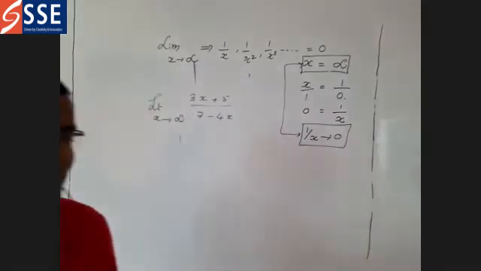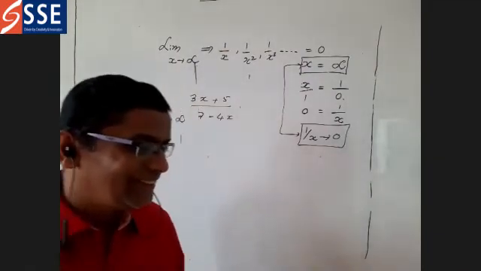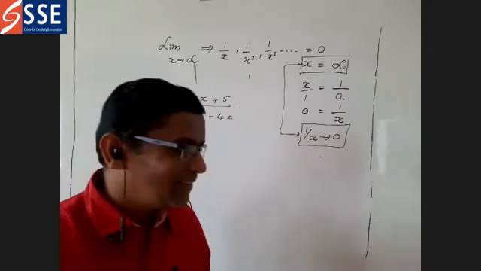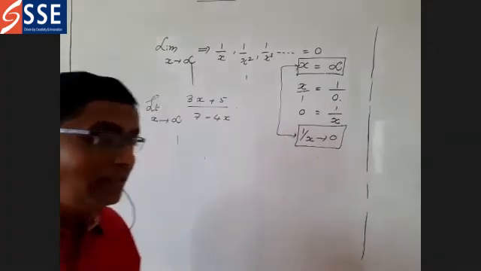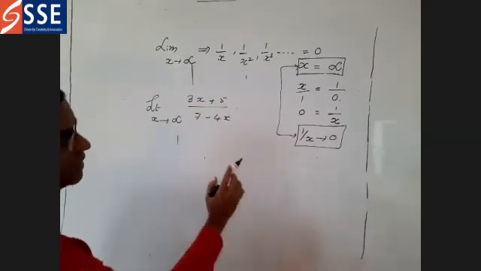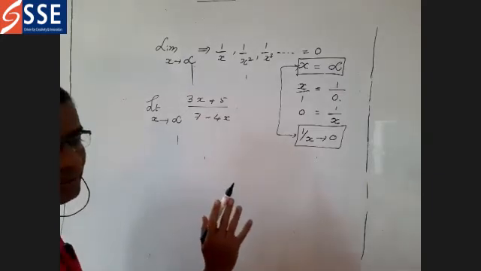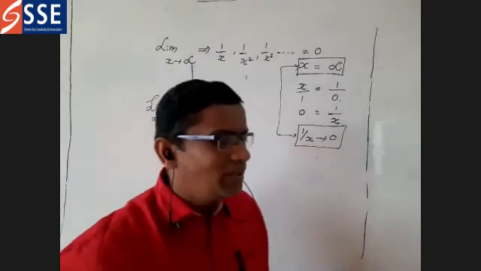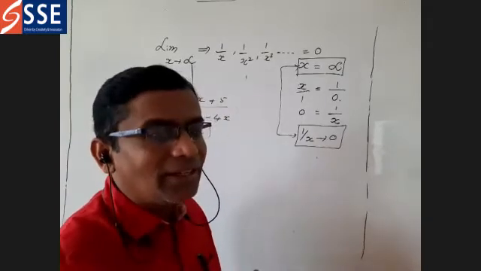Hey Seema, what is the answer for this? Minus 3 by 4 is the answer. Remember what I told you: you take only the x coefficient. Many of you are taking 3 by 7. Don't just look at it like that. In EAMCET, they give it this way to confuse you a little.